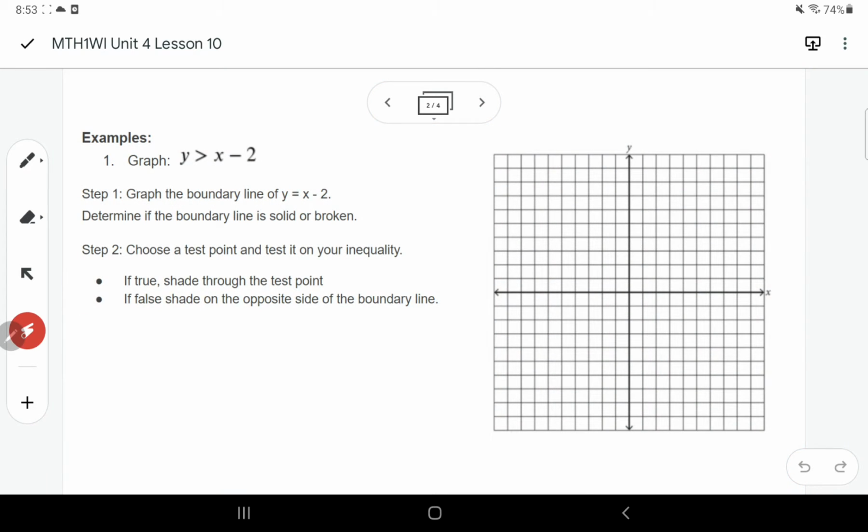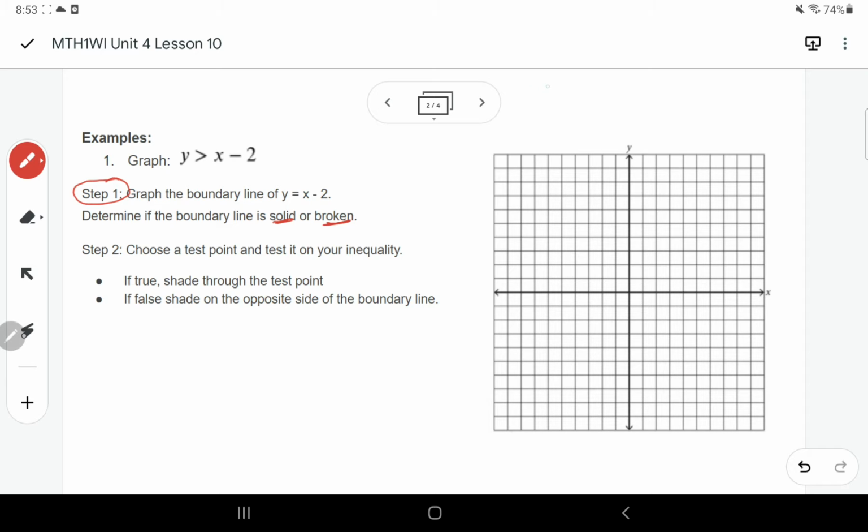So we'll do a few examples here. So our first step, if we were to graph this relationship, is just to graph the boundary line. So y equals x minus 2. And we're going to determine if the boundary line is solid or broken. Broken also meaning like a dotted line.